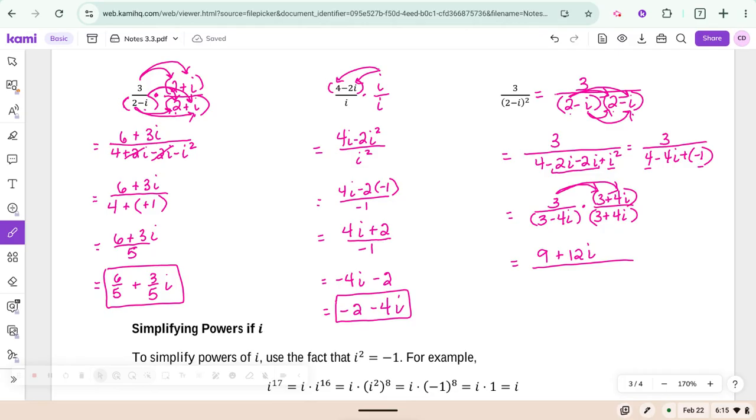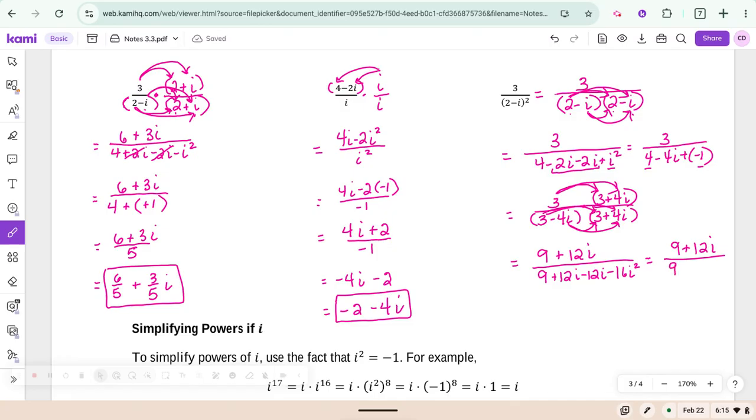And because I'm multiplying complex conjugates in the denominator, I know this is going to turn out nice in the end. So I'm going to do 3 times 3, which is 9, and 3 times 4i, which is 12i, and then minus 4i times 3, which is minus 12i, and minus 4i times positive 4i is minus 16i squared. So I have 9 plus 12i in my numerator. In my denominator, I can do some simplifying.